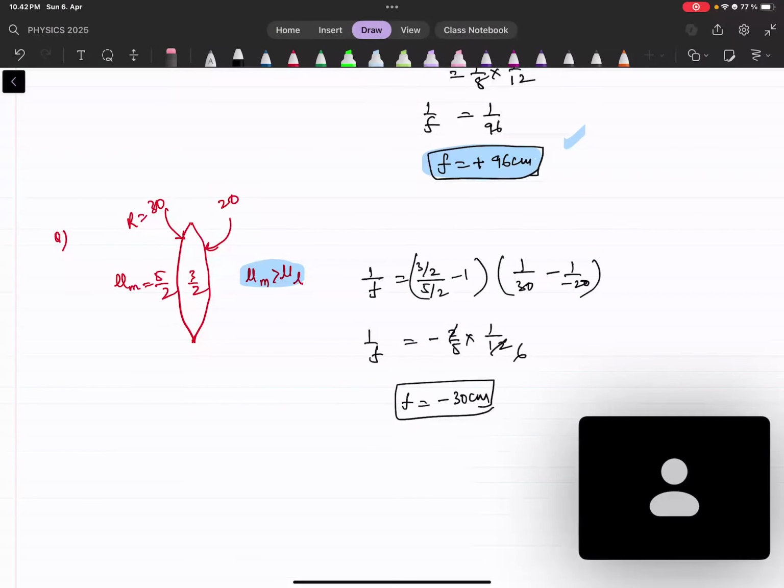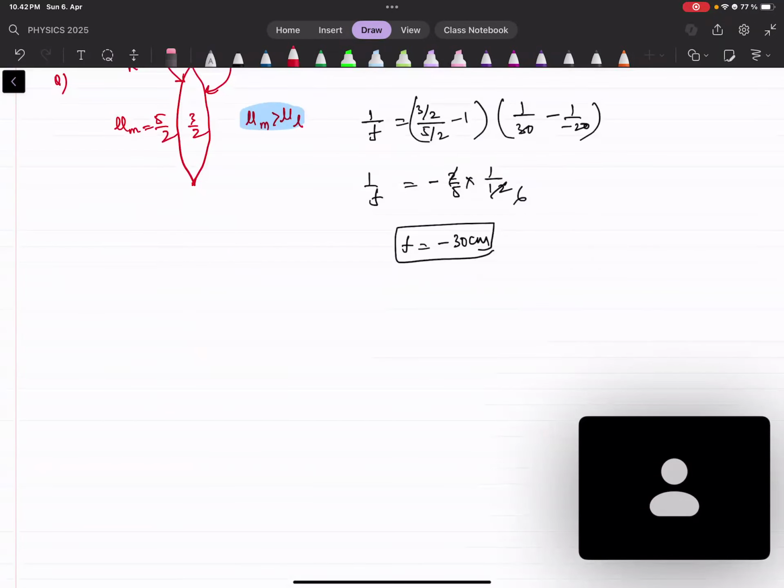Am I clear? Sure. Now see this condition.